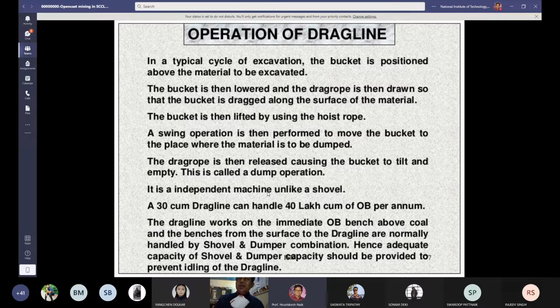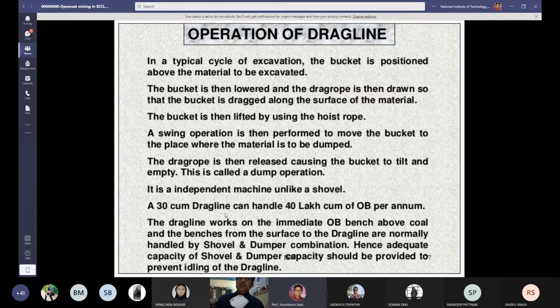No dumper is necessary if you are operating the dragline. The dragline can itself dump the material and transport it to a greater distance. Therefore, dragline is an independent machine, whereas shovel is a dependent machine.